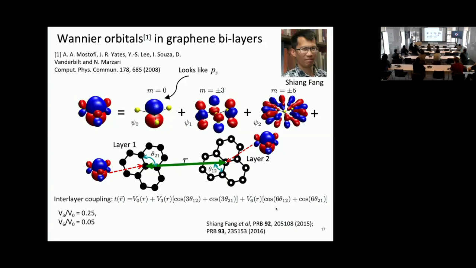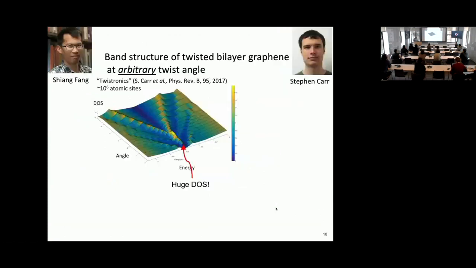These are important and useful in reproducing the exact same results as the extended states. So you attach these slightly more complicated orbitals to each site, then you figure out the interaction between them from ab initio calculations, and then you have a very accurate description in terms of interlayer coupling of these localized orbitals, and you can do quite realistic calculations.